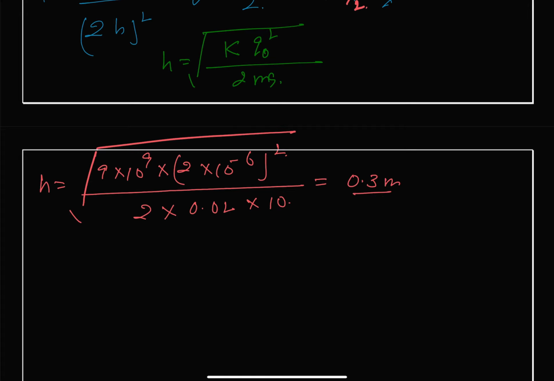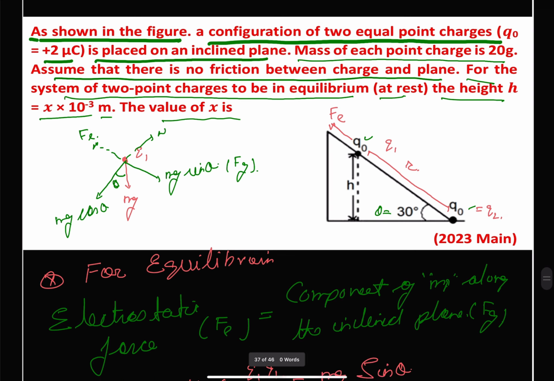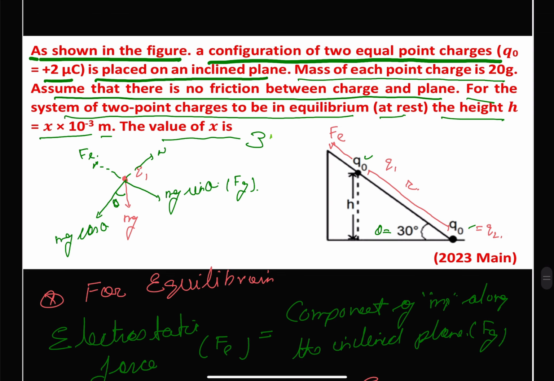But the given expression for h is x into 10 to the power minus 3. So the value of x will be equal to 300. X is 300.